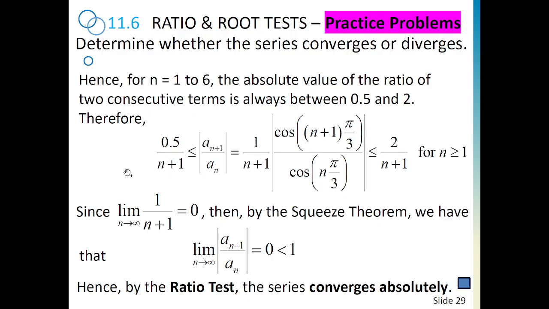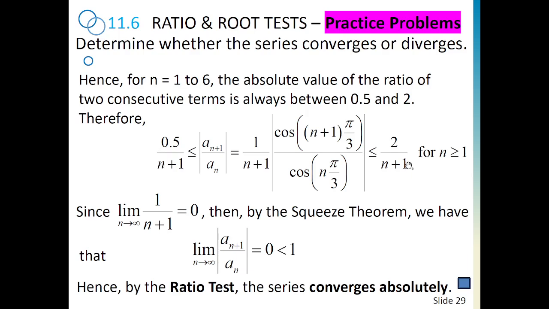So what we observed is that the ratio of two consecutive terms varies between 0.5 and 2. Okay, so the ratio can be squeezed between these two things. Now the limit on this side is 0, the limit on this side is 0.